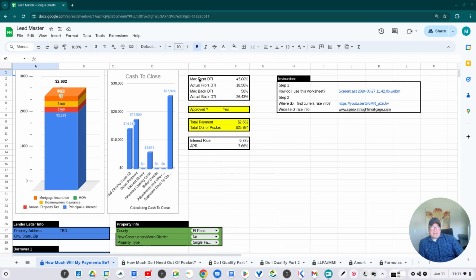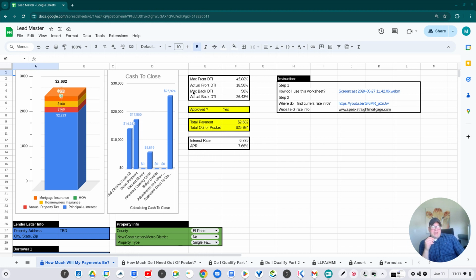There's a section here where it says max front DTI. Now this is important in qualification. What does DTI mean? It means debt to income ratio. So front DTI means the relationship between how much money you make and the mortgage or the total housing payment.